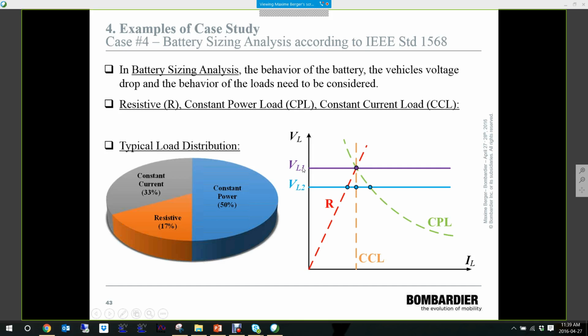But when the voltage drops from VL1 to VL2, we see that the current of the resistive load will decrease, while the current of the constant power load will increase. And the overall variation in the load current, increase or decrease, will depend on the value of the resistive loads and constant power loads.